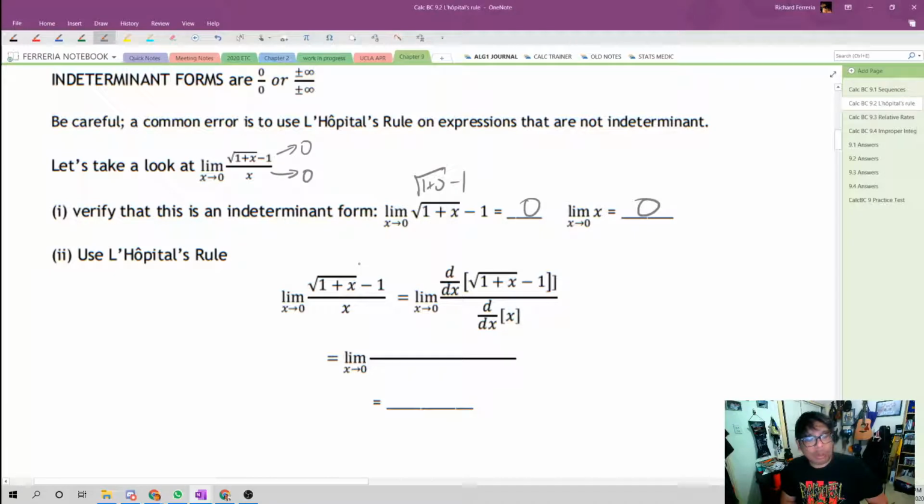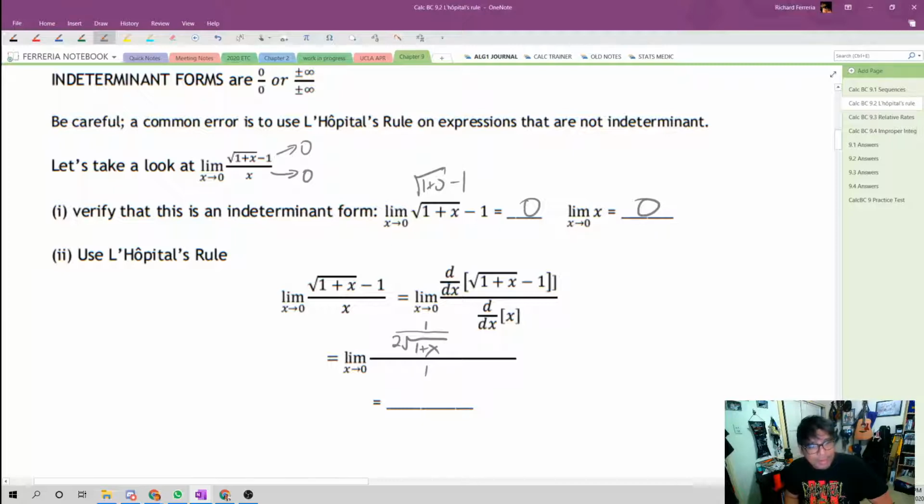We can now use L'Hopital's rule. So it's very simple. We just take the derivative of the numerator. So the derivative of root 1 plus x, that's 1 over 2 root 1 plus x. And then the derivative of x is just 1.